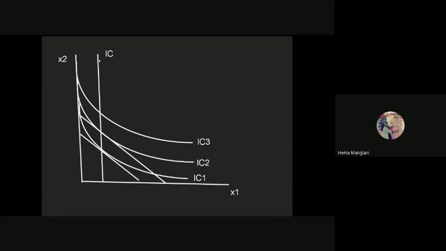So everything is now shifted to x2. That's why your indifference curve would now touch this point and this point. Now it is touching, and budget lines would go like this for optimal choice. This is the optimal choice, where you arrive at these combinations. This is how you can show your quasi-linear preferences.